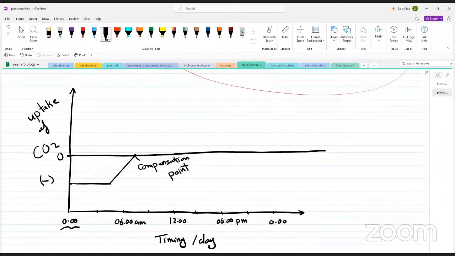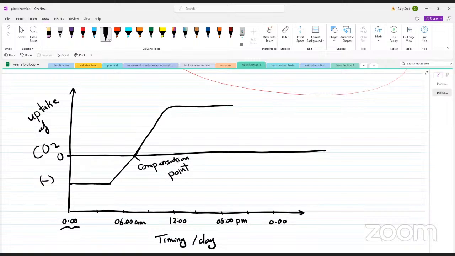Then more light will be there. We'll go to noon time, 10, 11, 12. More light intensity means a higher rate of photosynthesis, meaning more uptake of carbon dioxide.